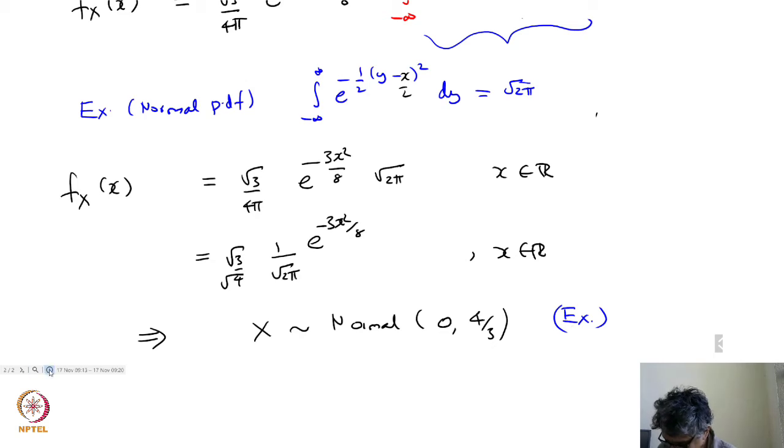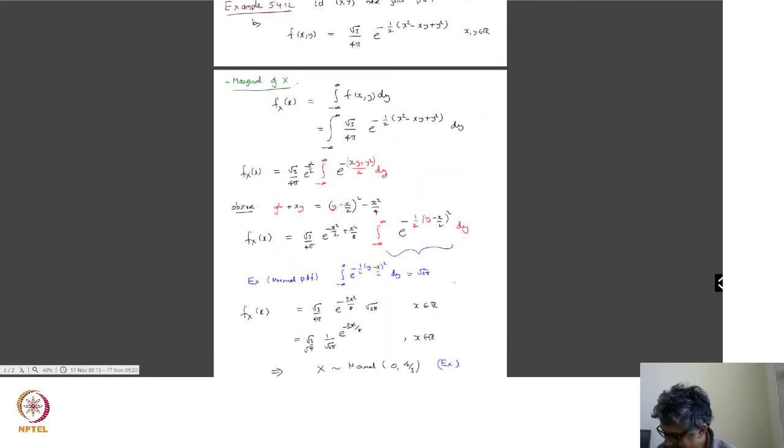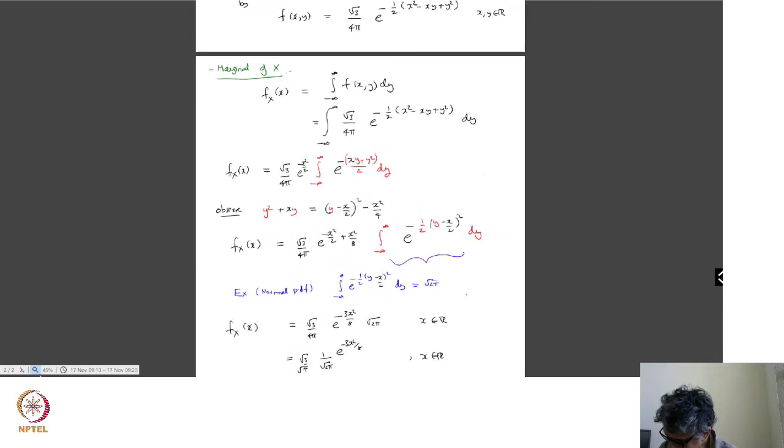So that's a simple calculation one can do. So one can easily do, if x is given by joint density like this, then the marginal is given by a normal with mean 0 and variance 4 by 3. That's a simple calculation one can do.